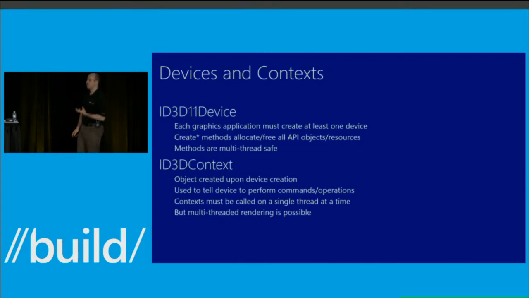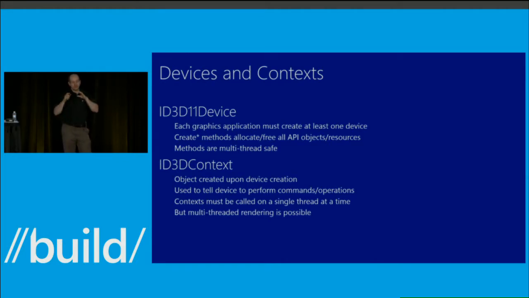So now I'm going to briefly touch on the notion of devices and context. In D3D9, this is very similar to resources and views, where we've taken the notion of a D3D9 device and disaggregated it out into the device and the context. Now, the device is basically where you create your API objects and your resources, also where you free them up. So it's really focused on resource management now, whereas the context is focused on having the device actually perform commands or operations.